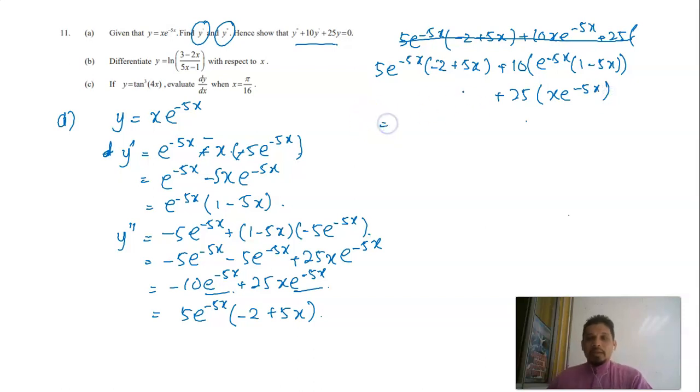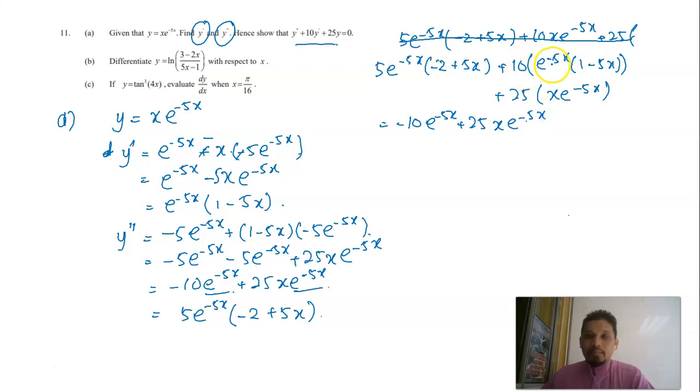Okay, so let's expand this again. For the first part, I'm going to use negative 10 e to the power of negative 5x plus 25x e to the power of negative 5x.